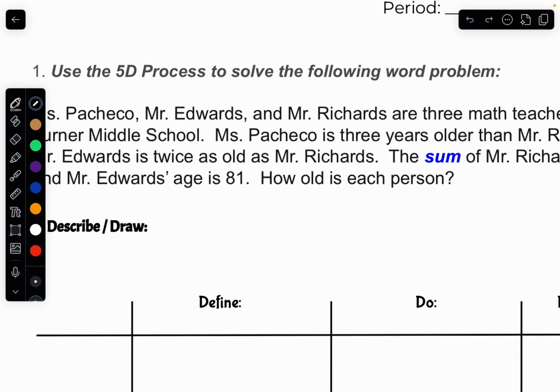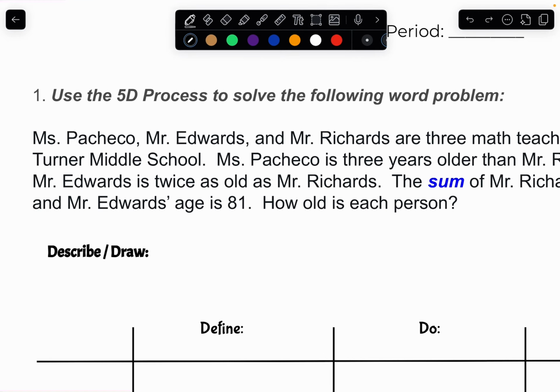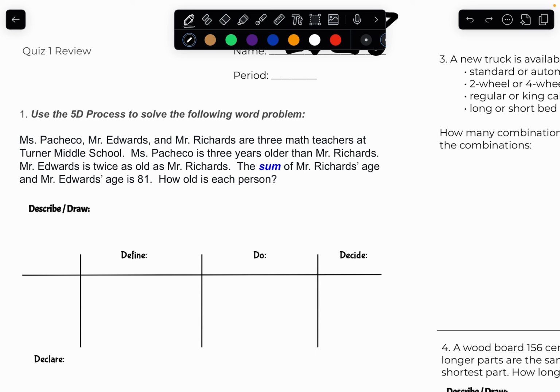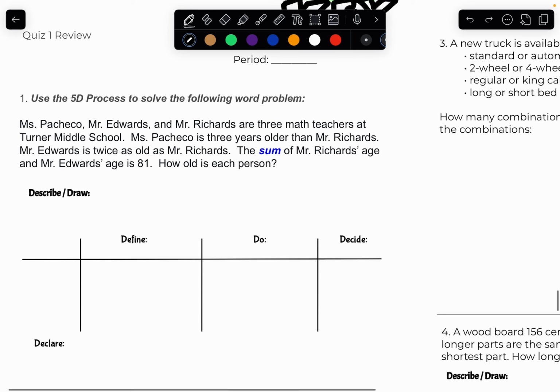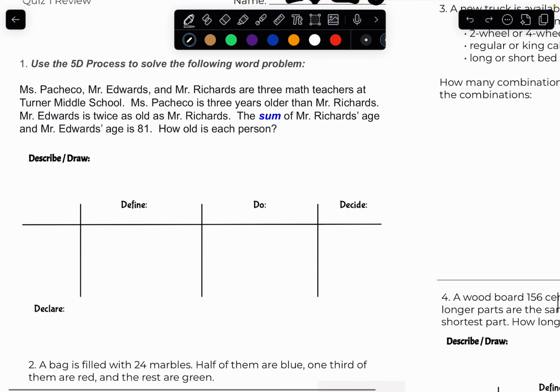So here we go. We're going to start off with number 1, where it asks us to work with the 5D process. It says: Miss Pacheco, Mr. Edwards, and Mr. Richards are 3 math teachers at Turner Middle School. Miss Pacheco is 3 years older than Mr. Richards.